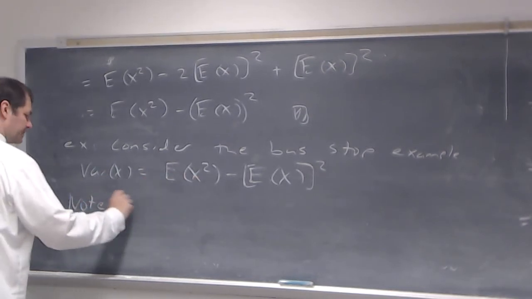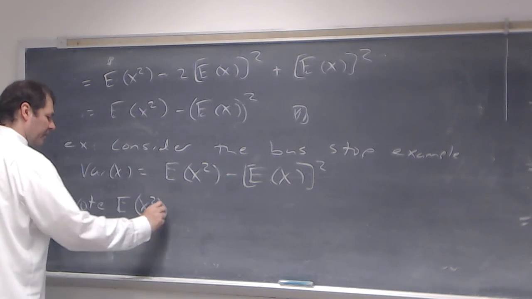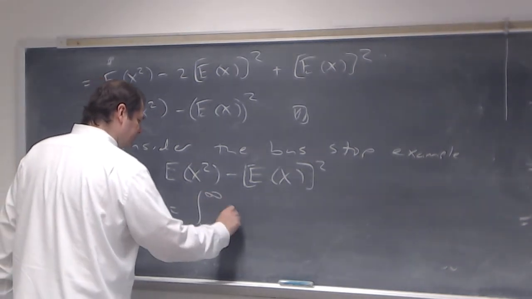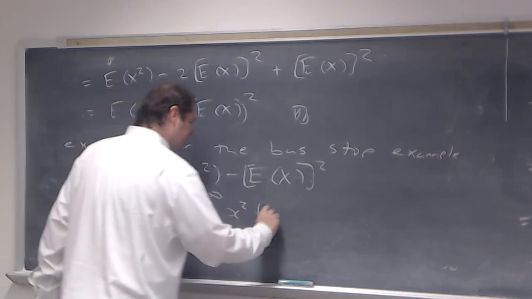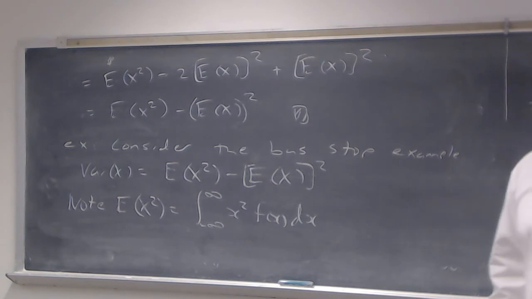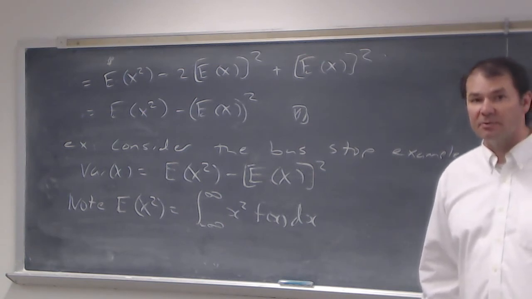So note the expected value of x squared. That's going to be equal to the integral from minus infinity to infinity of x squared times f of x dx. Remember, f of x is the PDF, which was defined to be 0 a lot of times. The times that it wasn't 0 is when x was in between 0 and 30.